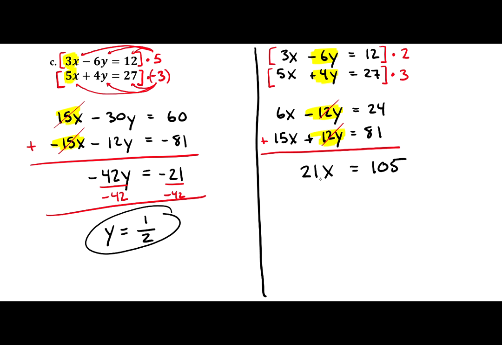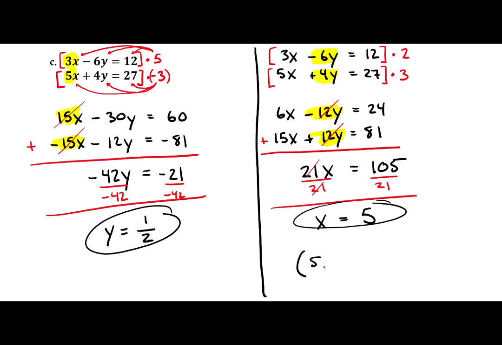Okay, so to solve for x, we can divide both sides of the equation by 21. And we have x is equal to 105 divided by 21, or x is equal to 5. So our final answer is the ordered pair, 5 for the x, 1/2 for the y.